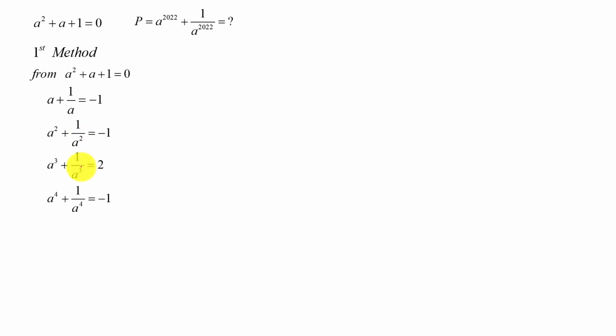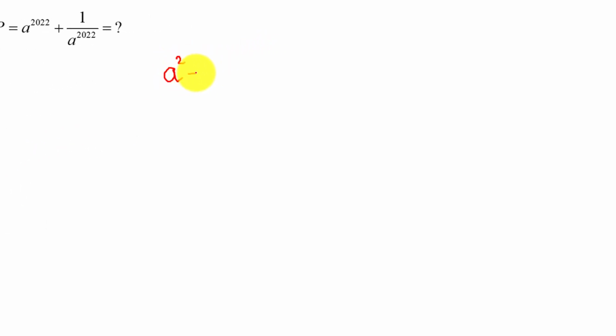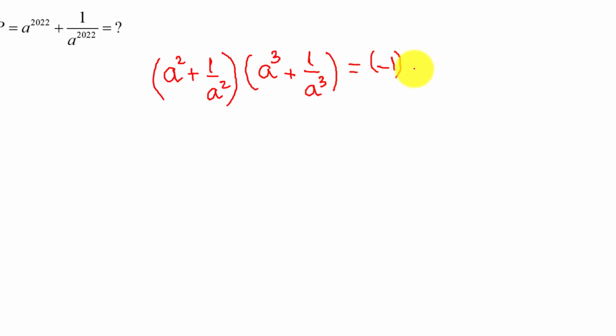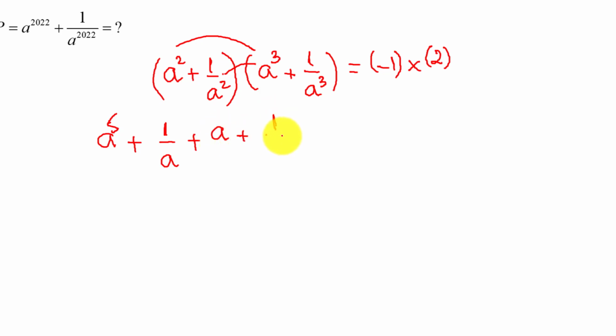And then I multiply this equation, so I get a squared plus 1 over a squared multiplied by a power 3 plus 1 over a power 3, and equals minus 1 multiplied by 2. And I get a power 5 plus, when we multiply, a squared simplified with a power 3 we get 1 over a, plus we get a, plus 1 over a power 5, and equals minus 2.